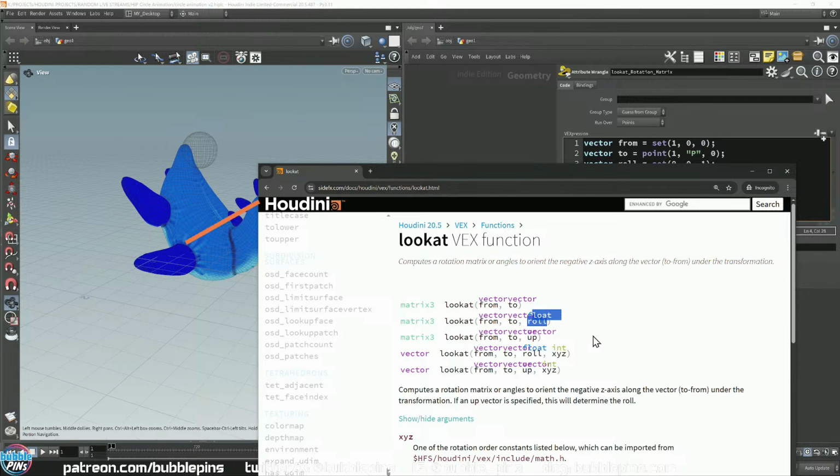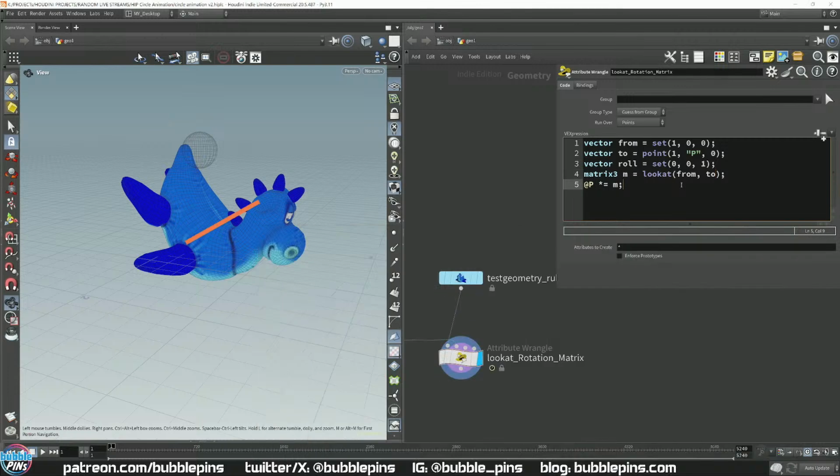The roll is a float. Let's use the up vector then. I didn't realize the roll was a float. Let's pretend it's up. So let's go like this. And I want to stick it at the end. Because the up is the y-axis pointing upwards.